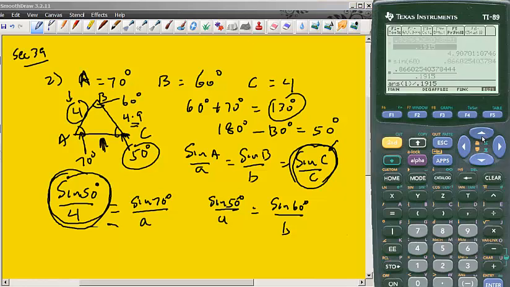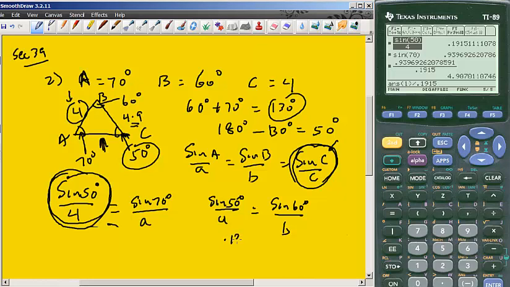Let me scroll up with my handy dandy calculator. Sine of 50 divided by 4, and that turned out to be 0.1915, which is equal to sine of 60 degrees. So let's go find sine.